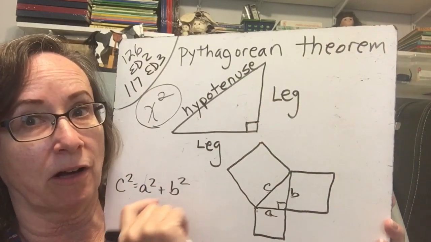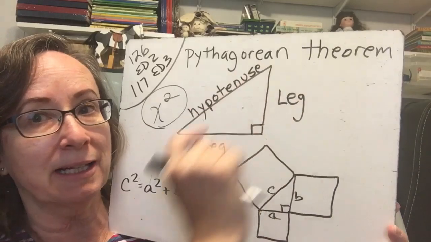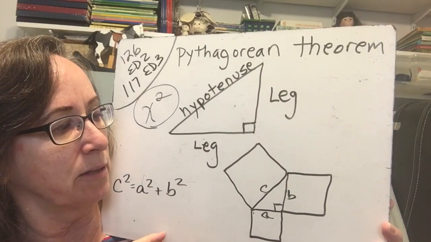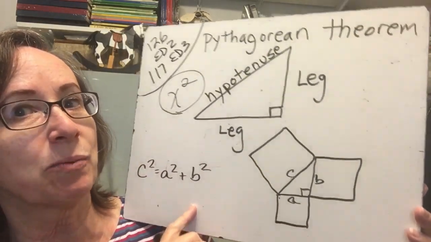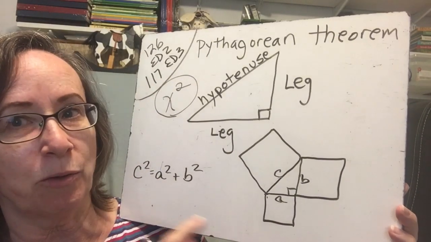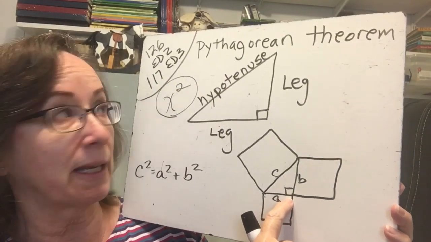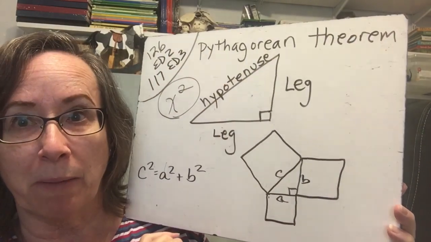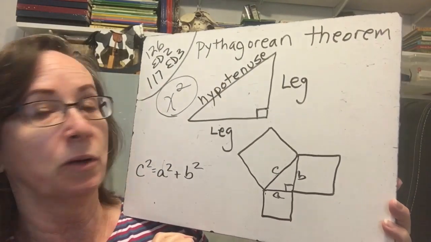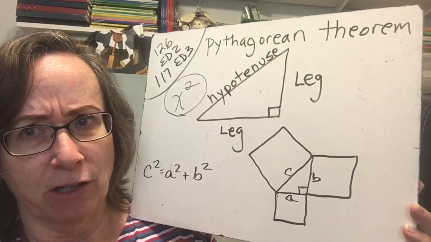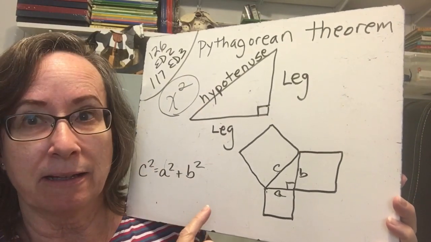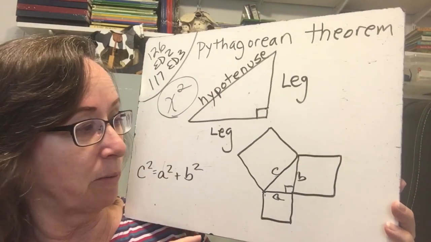These two sides are called legs, and the longest side is called the hypotenuse. And we have this relationship that is always, always true for right triangles. And this relationship was discovered by Pythagoras, who lived a very, very long time ago. But the relationship is always, always true.